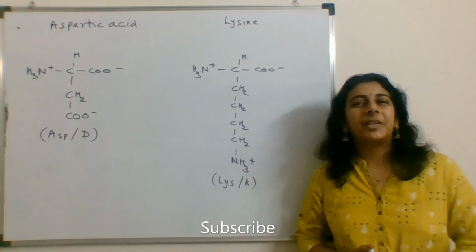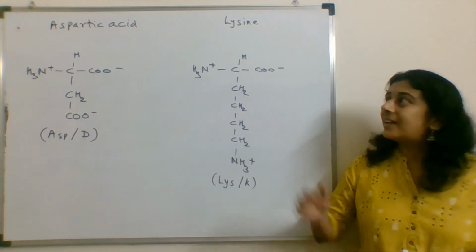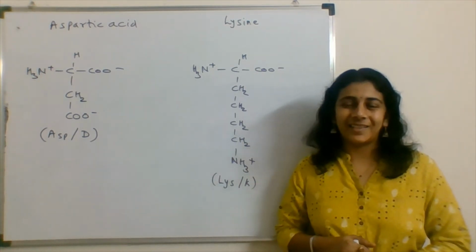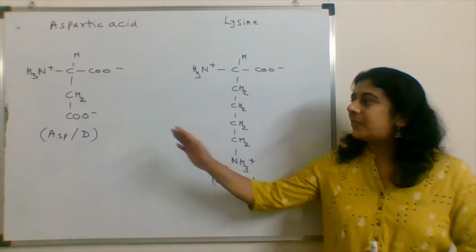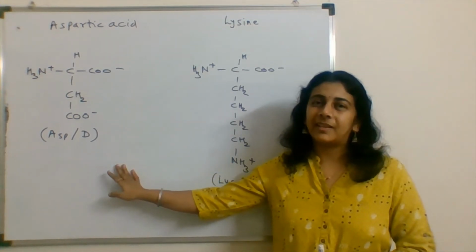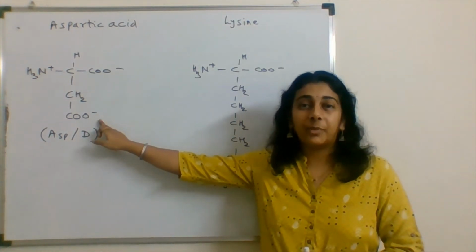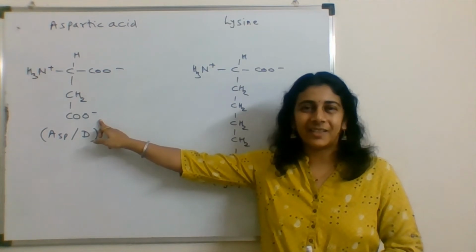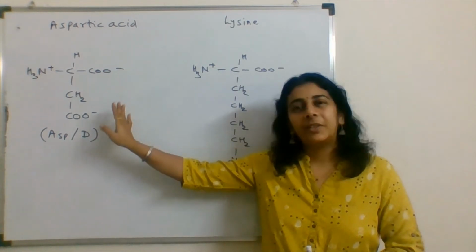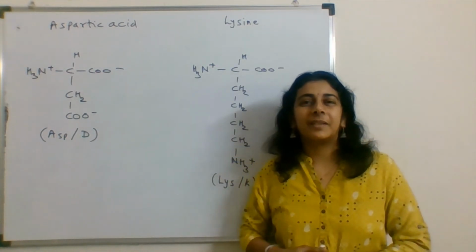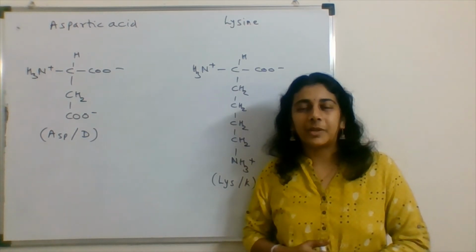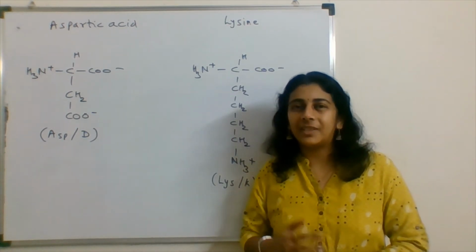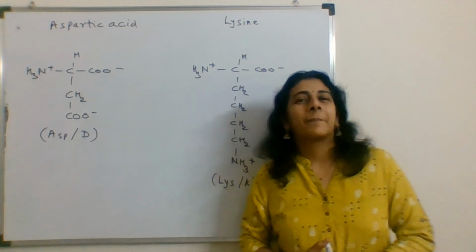Another two amino acids given in the options are aspartic acid and lysine. If we see the structure of aspartic acid, it is having one more acidic group in its side chain. So if the aspartic acid is present in a protein in high amount, then the protein will have a negative charge.